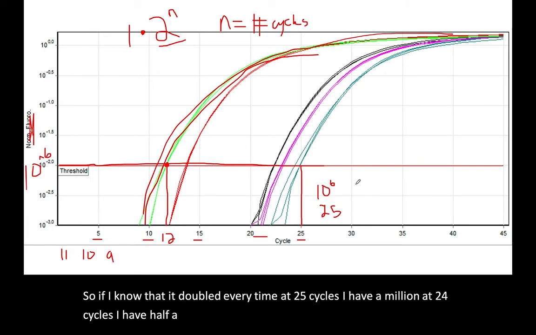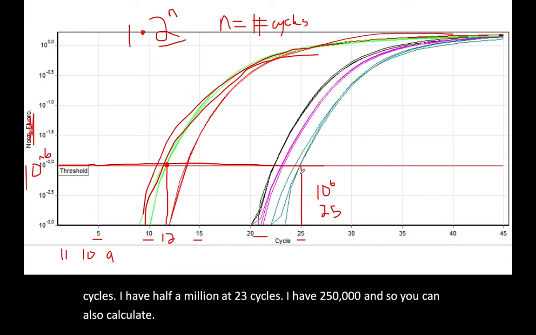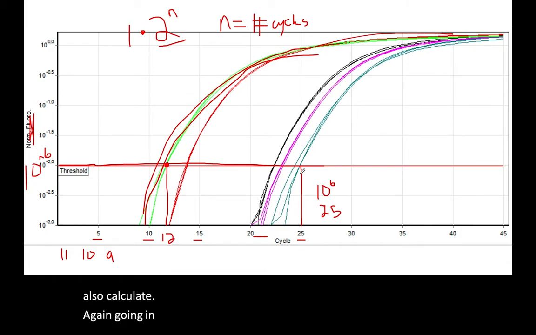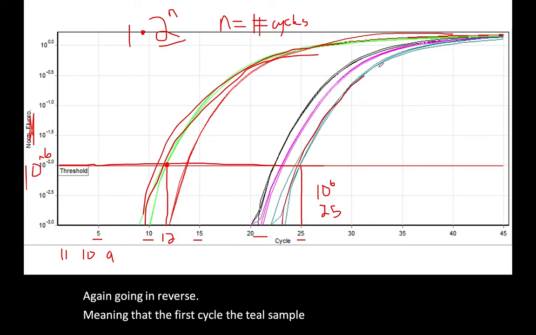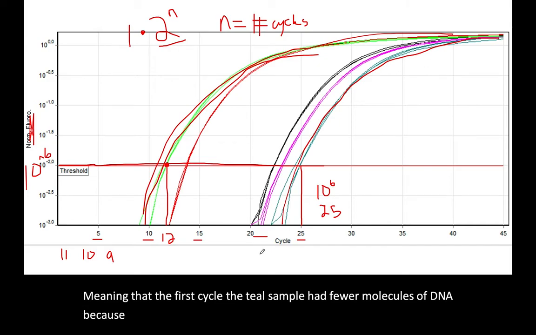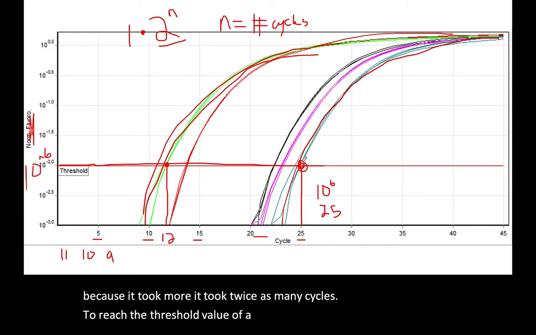At 23 cycles, I have 250,000. And so you can also calculate, again, going in reverse, meaning that at the first cycle, the teal sample had fewer molecules of DNA because it took twice as many cycles to reach the threshold value of 1,000,000 to fluoresce.